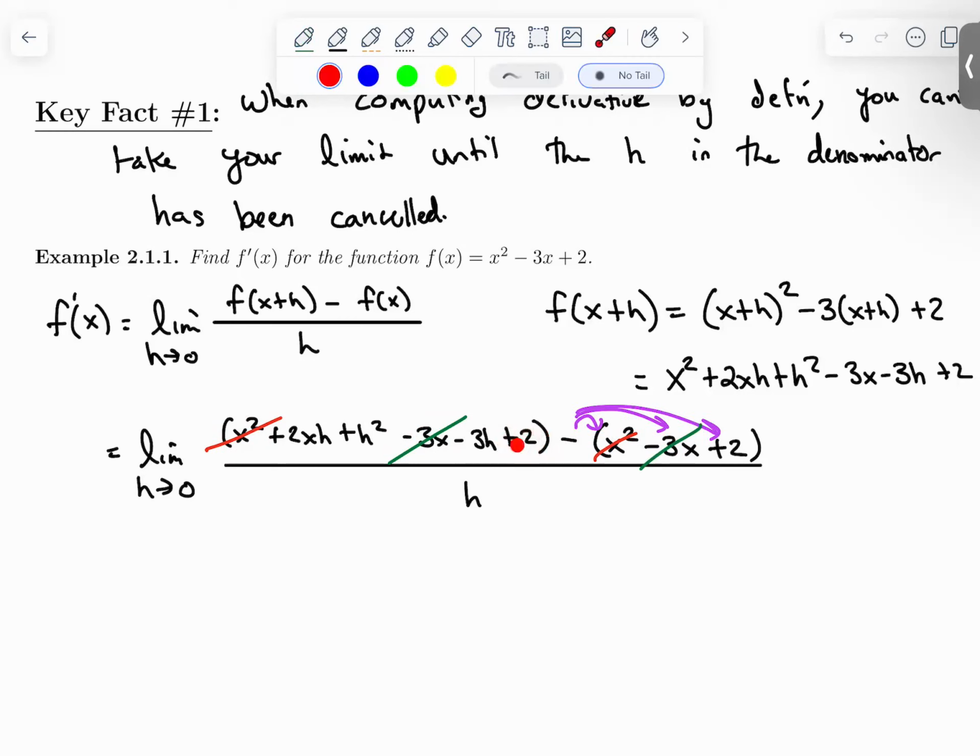And then I'll have a plus 2 and a minus 2 because the minus sign is going to be distributed, making that term also cancel. And isn't that nice? All the terms of f of x got completely canceled. That's pretty nifty.